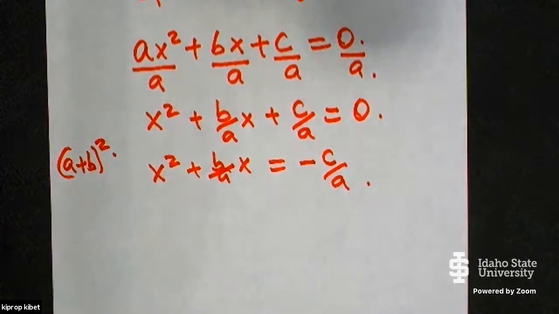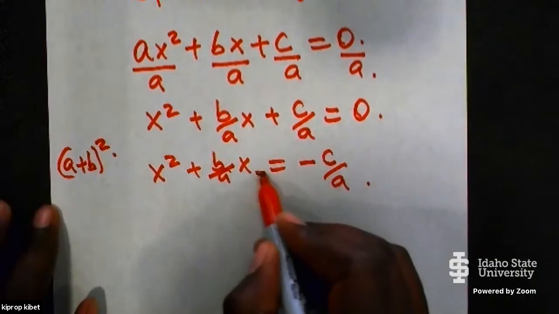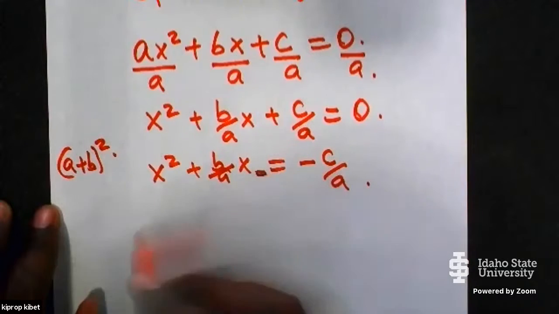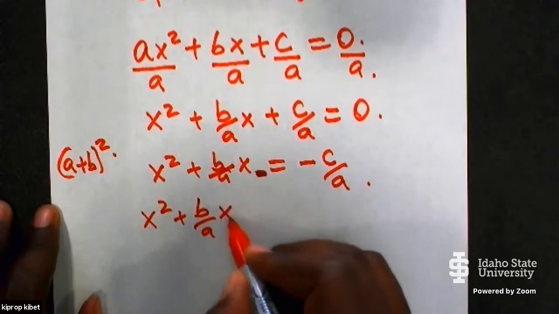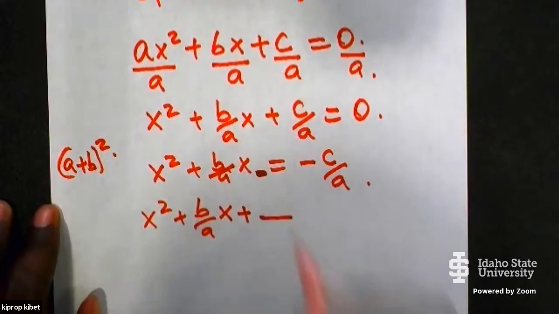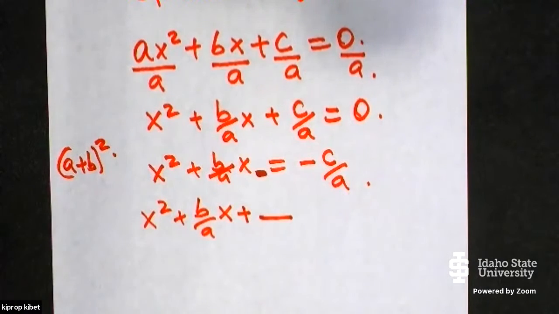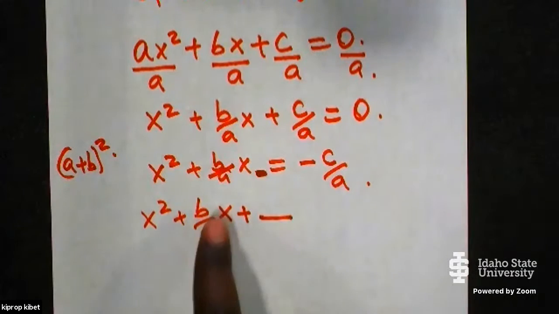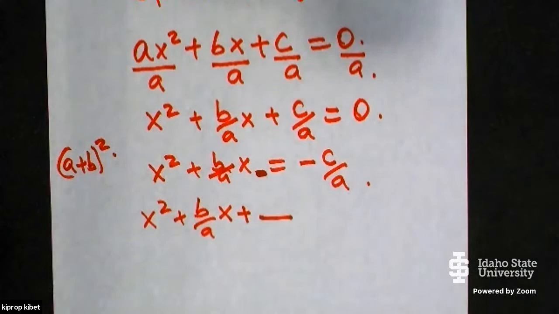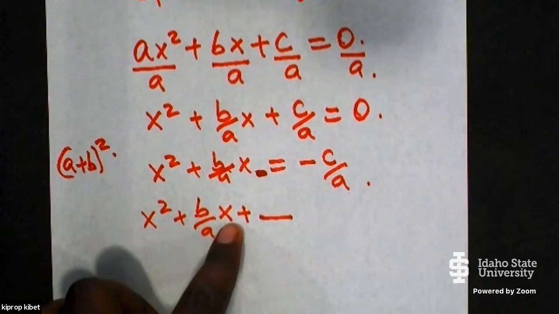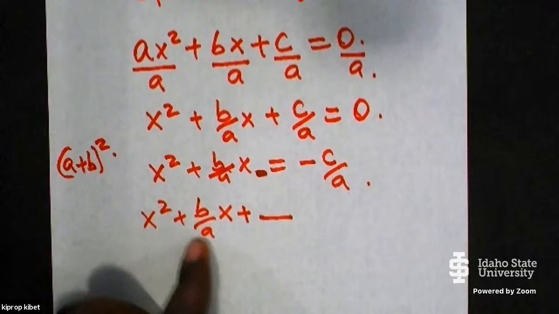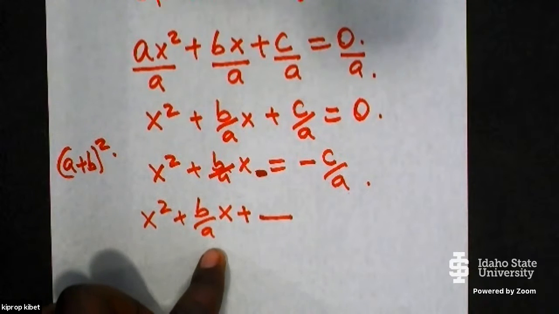So what do we get here? What do you put here? So x squared plus b all over a x plus, now what do you put here? What you do here, you do it on the other side. So we multiply by half the coefficient of x, and the coefficient of x is b all over a.